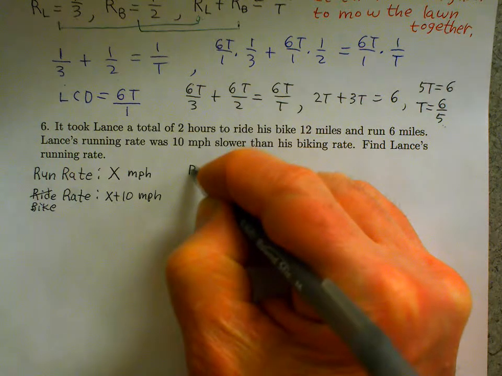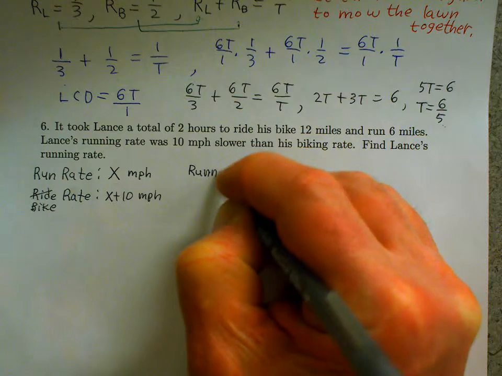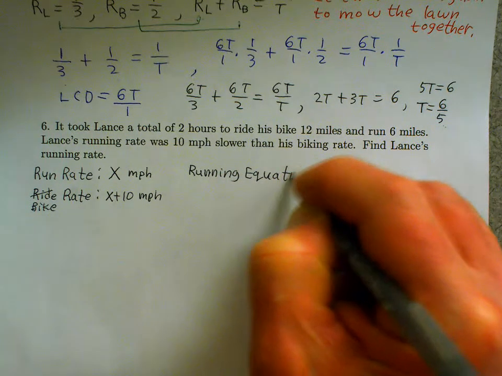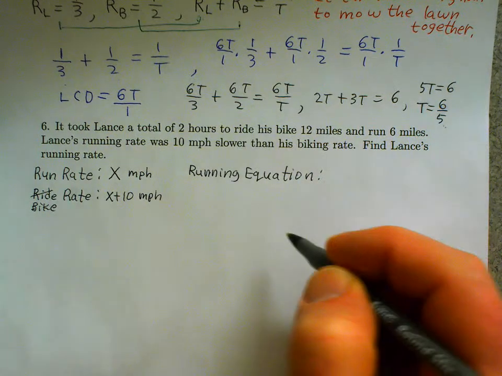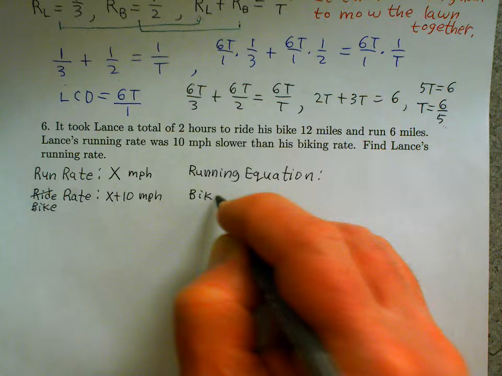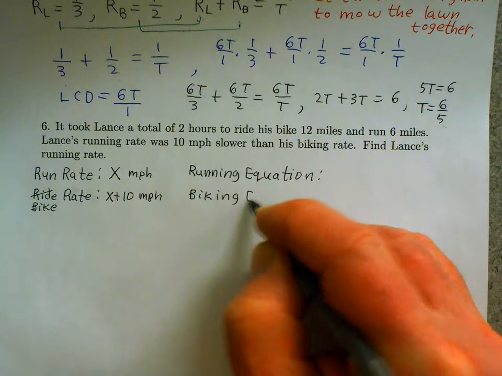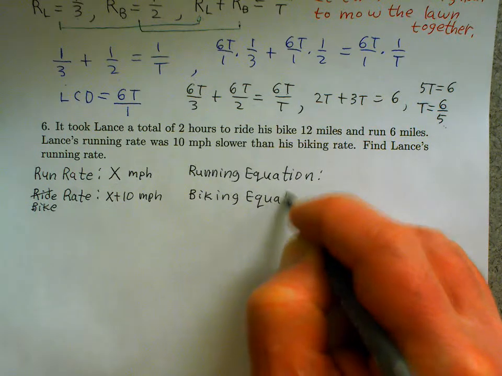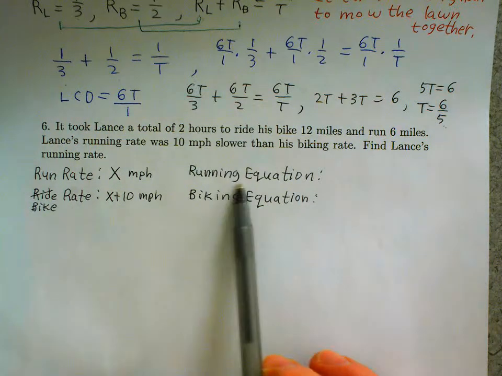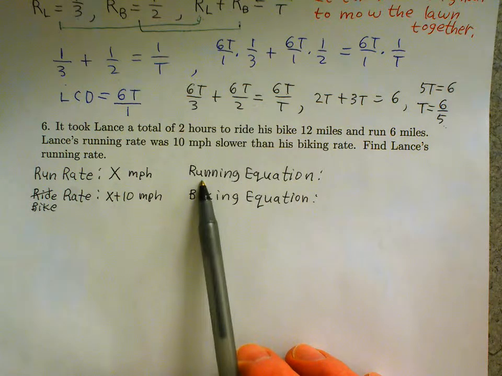Okay, so the running equation and then the biking equation. Rate times time equals distance. First, for running.